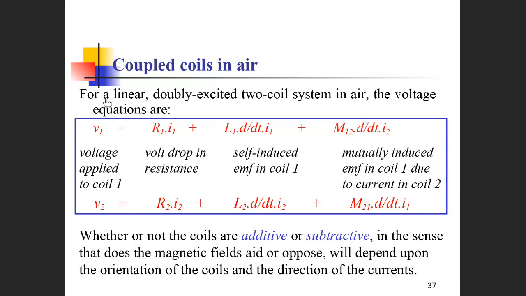For a linear system, what does it mean by linear? Linear means the inductance is a constant.